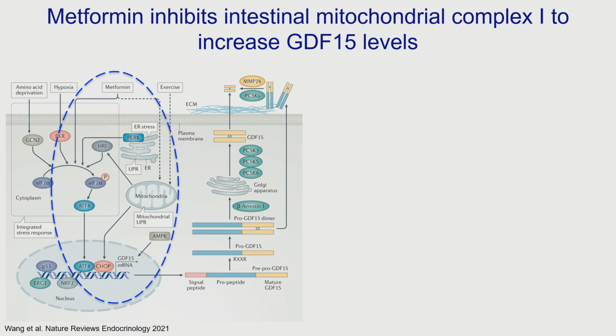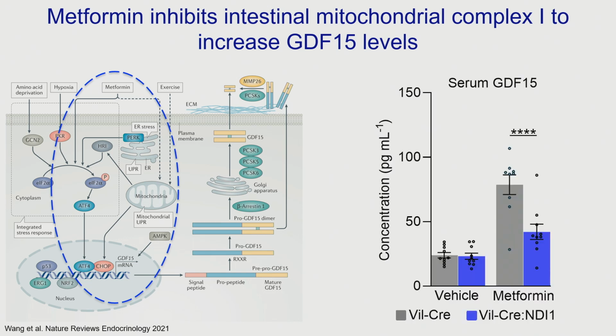And again, we could ask whether metformin accumulation in the gut, by inhibiting complex 1, is driving that GDF15. So here's the GDF15 in the serum. We can measure it in the jejunum as well. And you can see it's markedly lower when you overexpress NDI1. Again, suggesting that inhibiting mitochondrial complex 1 increases GDF15, increases Lac-Phe, increases glucose uptake.